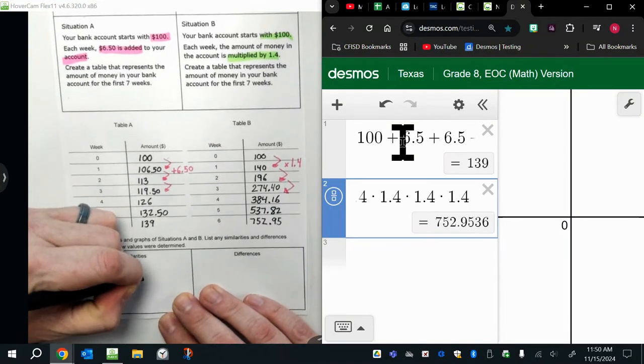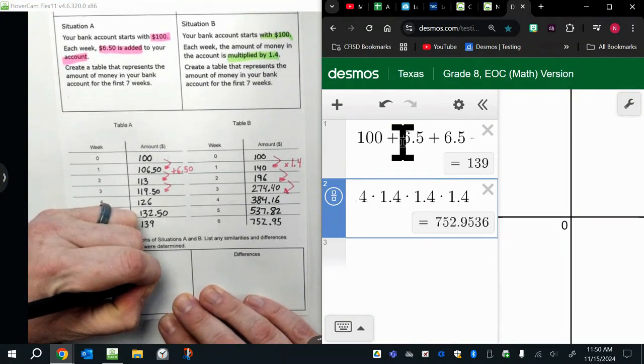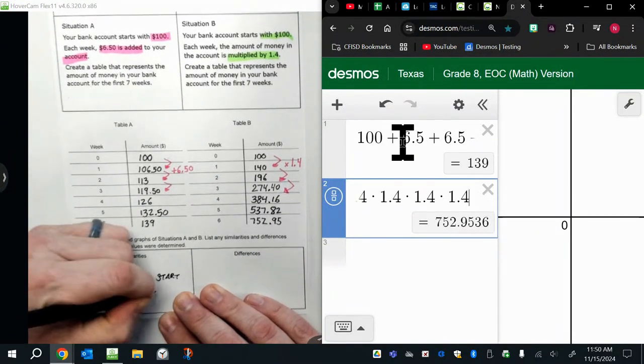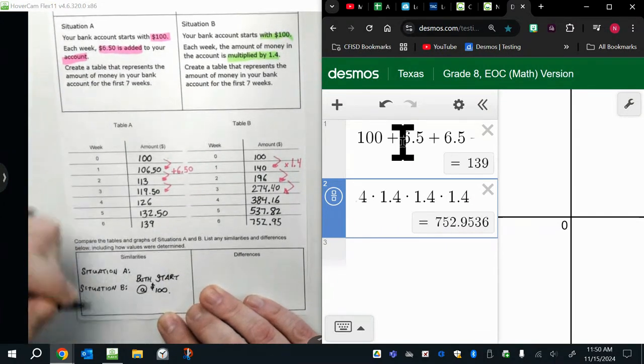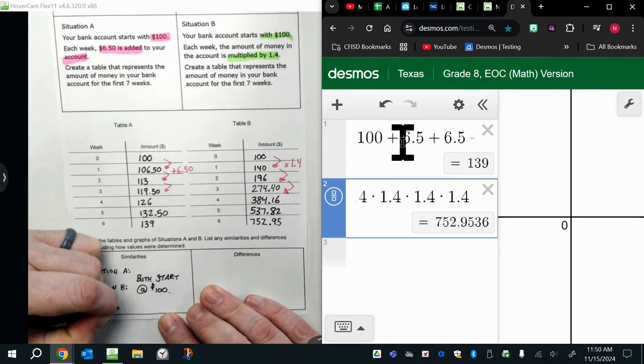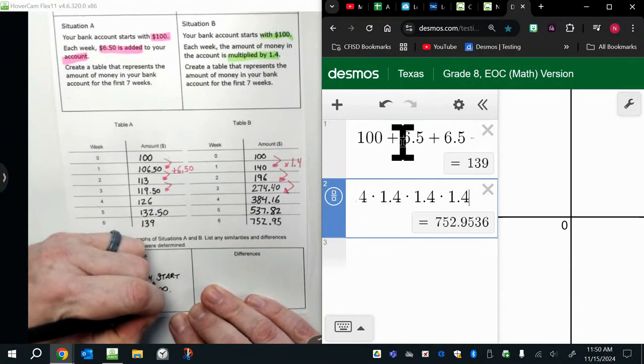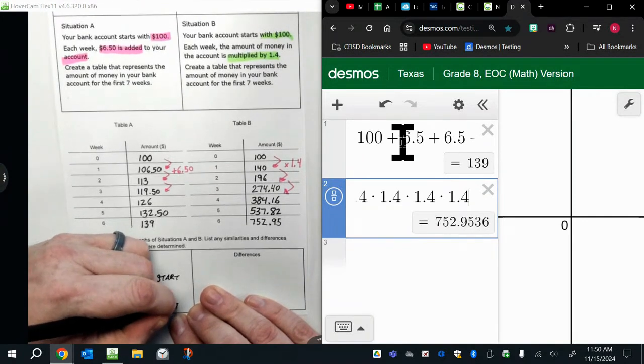So both start at $100. And we can also say both are increasing.